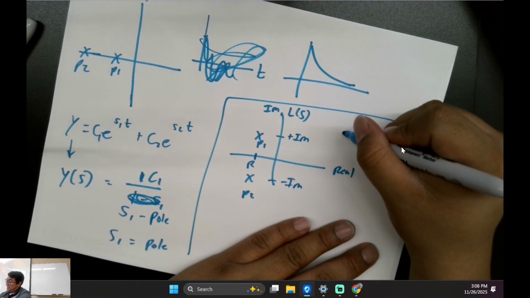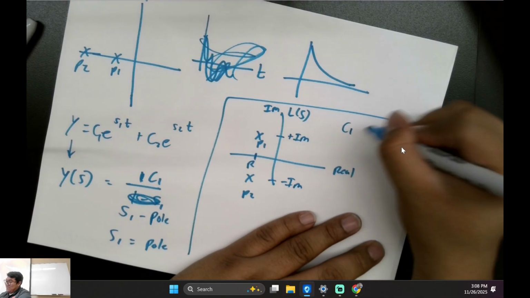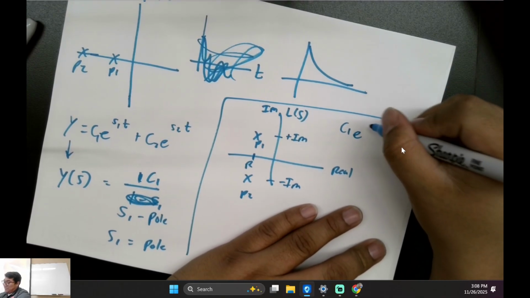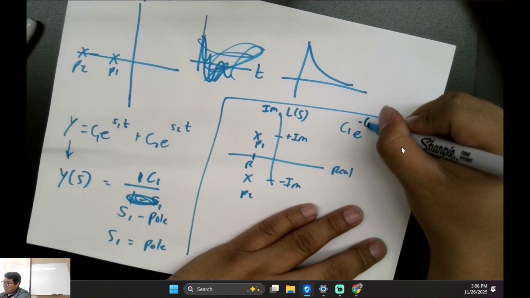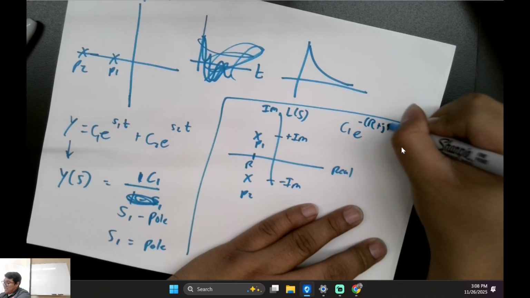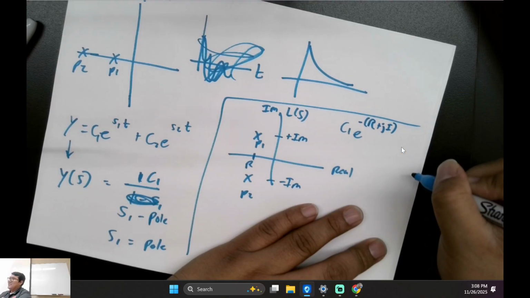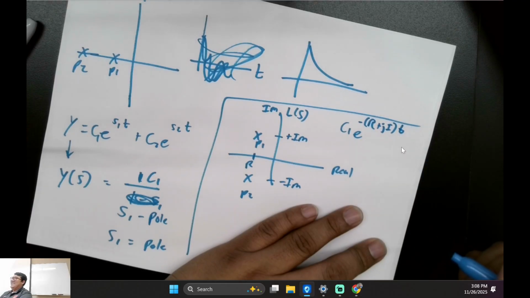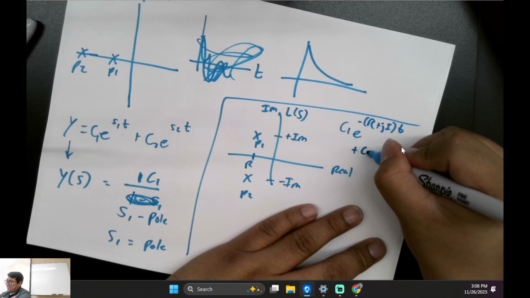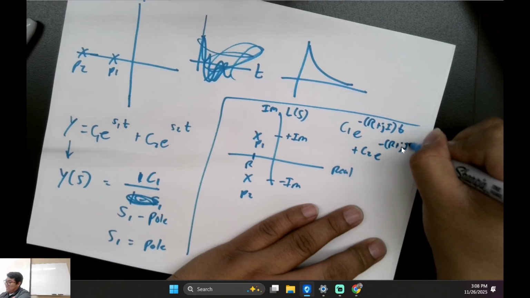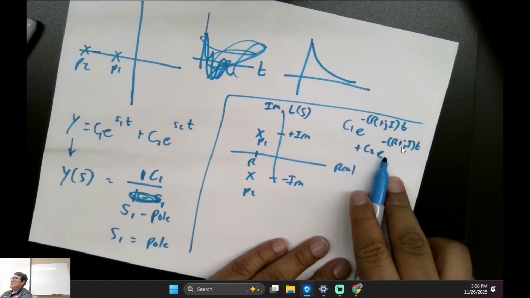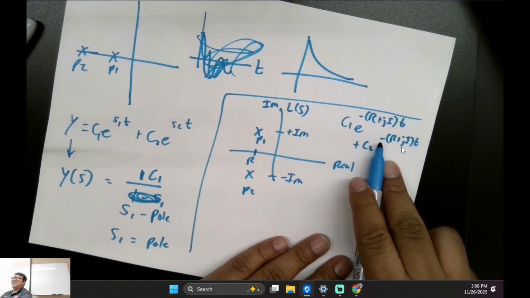So if you wanted to, I'm cheesing this, y'all. C1 e to the minus R plus j imaginary t, right? Easy. Plus C2 e to the minus R plus j imaginary t. All right? Two sinusoids. Boom, done. Go home. Is that cool?